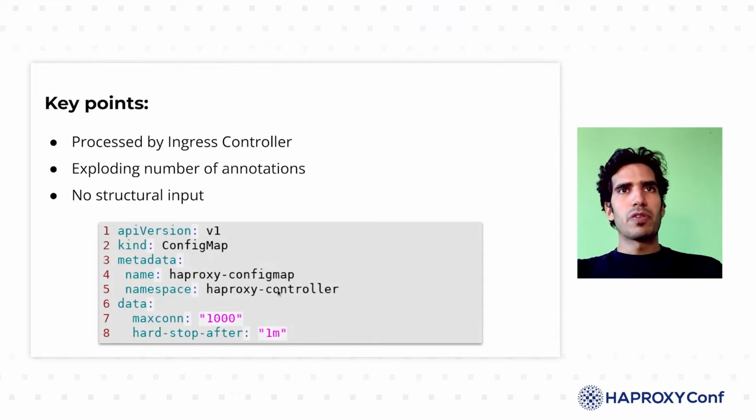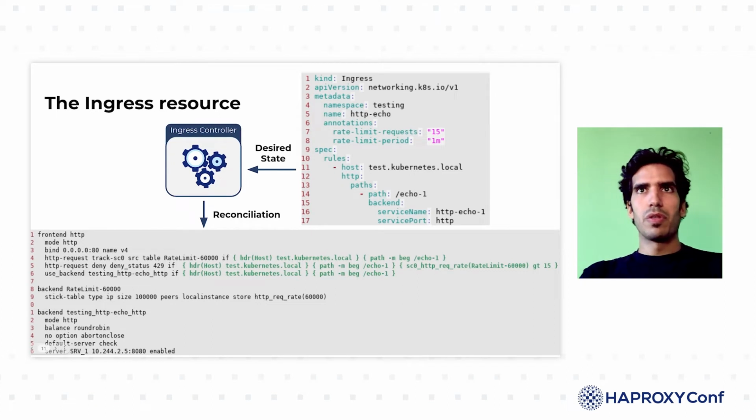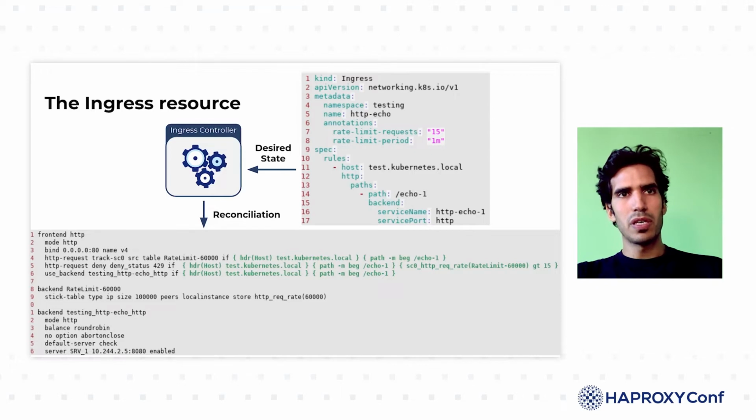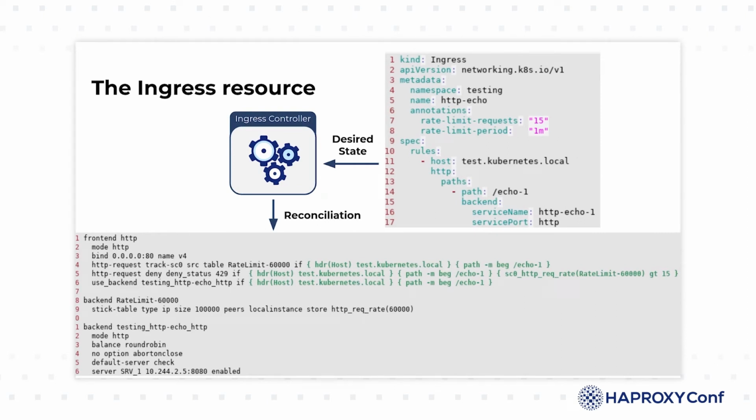Because if we go back, for example, to the rate limiting configuration, here we are tracking requests by source IP. But suppose that we want to track by host header or cookie, or maybe a combination of multiple options. In this case, it will lead to an exploding number of annotations.